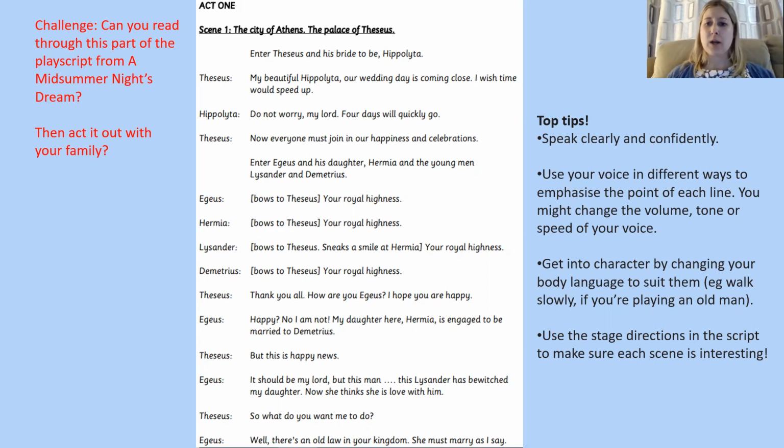If a character is quite shy, you might want to soften your voice and quieten your voice to suit your character. Try to get into character by changing your body language to suit them. For example, you might want to move quickly or slowly. You might want to stick your chest out, or you might want to hunch over, depending on the character you are playing.